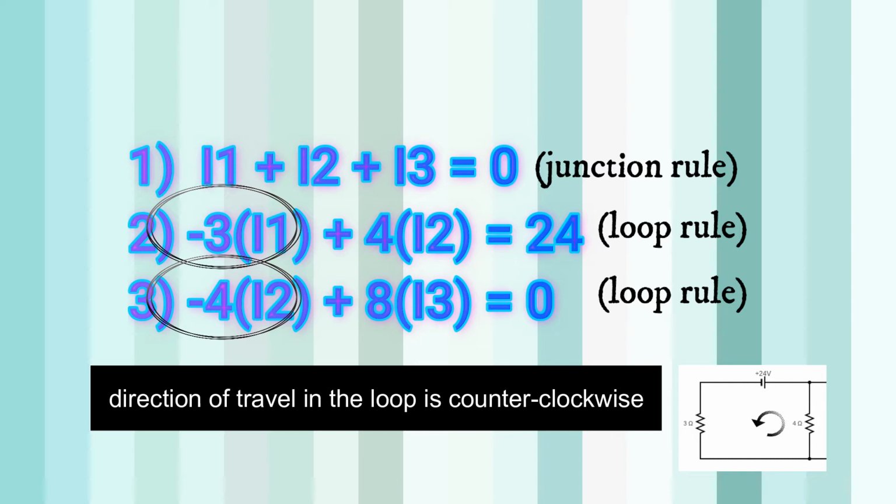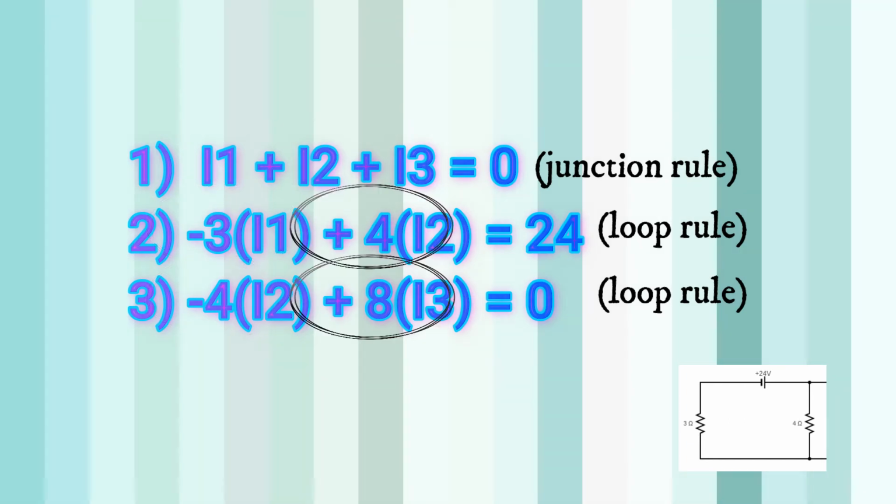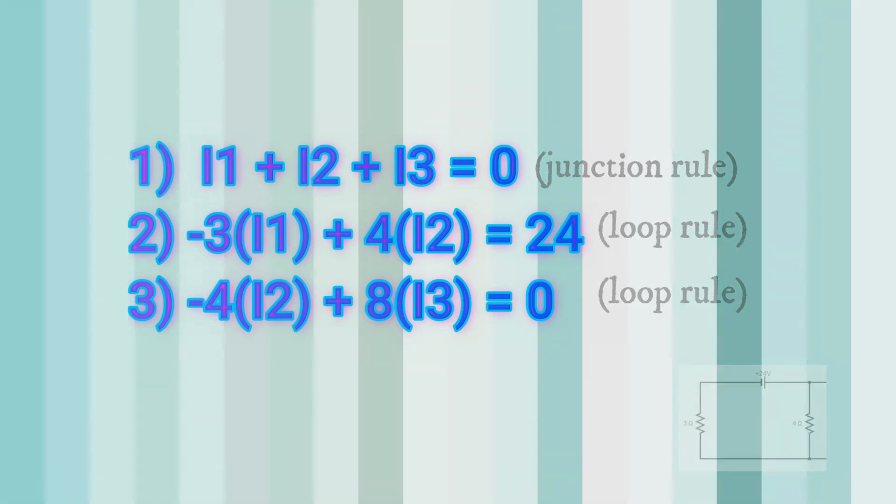When the current and the loop are in the same direction, it will have a negative sign. That's why we have negative 3I1. And positive for I2 is because the direction of the current I2 is in the opposite direction from the loop. That's why we get a positive value.